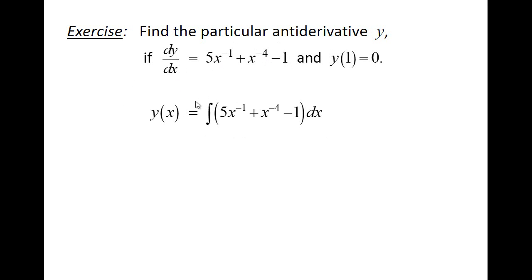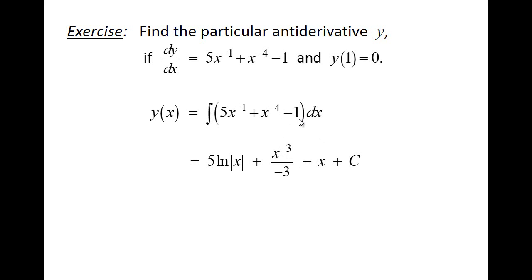So y would be the indefinite integral of this, and we do that term by term. The integral of the first term would be 5 times x to the negative 1, which is the same as 1 over x, so the antiderivative of that is ln of absolute x. The antiderivative of x to the negative 4 would be x to the negative 4 plus 1 over negative 4 plus 1, but negative 4 plus 1 is negative 3, so we get x to the negative 3 over negative 3.